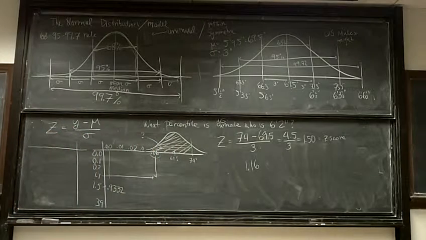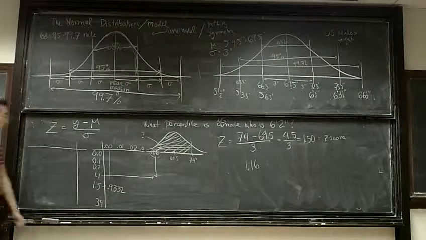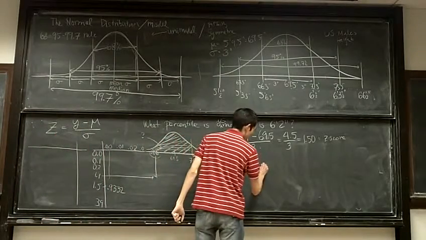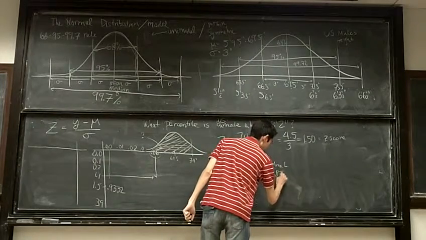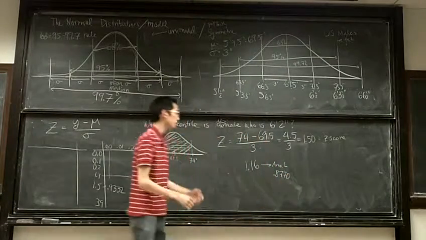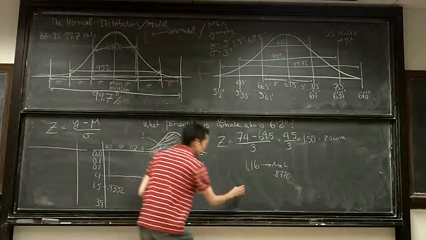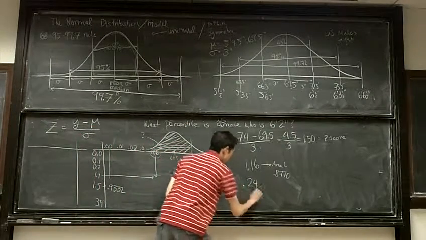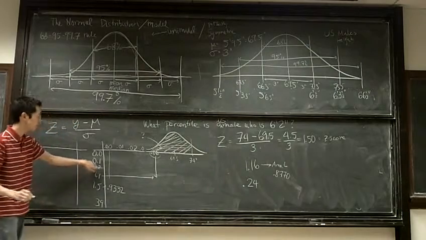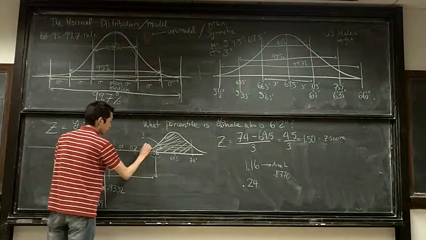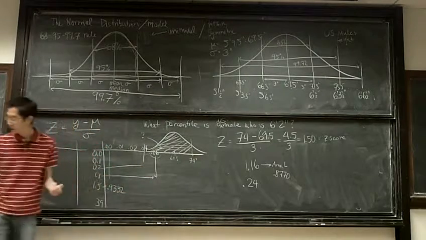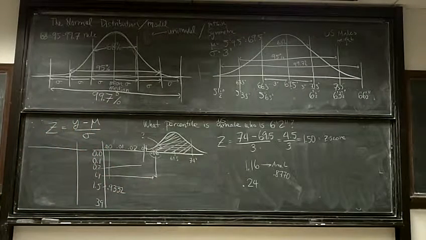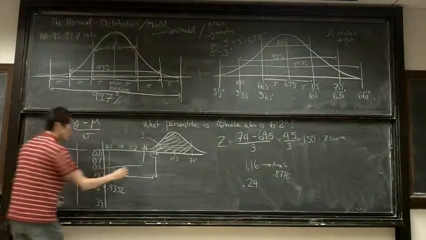So in this case, 1.1 and 0.06 is 0.8770. Okay, so the area to the left is 0.8770. If we wanted to look up 0.24, we go to the row 0.2 and the column 0.04. We find the intersection of 0.2 and 0.04, and we get 0.5948. Okay.